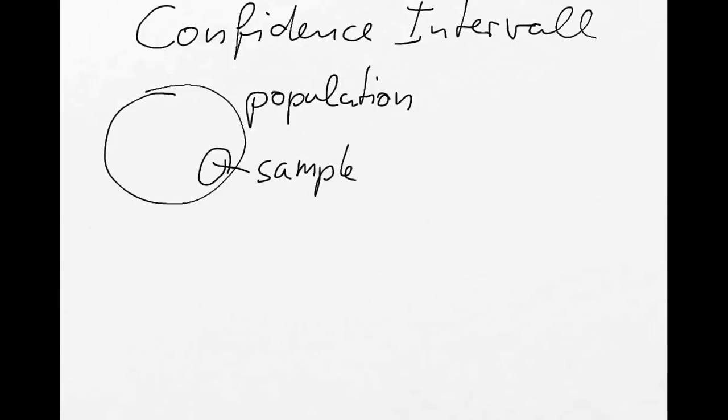And from this sample, we try to figure out the parameters of the population. So this sample, up to a certain point, should tell us what the population mean is and what the spread within this population is, what the standard deviation is.